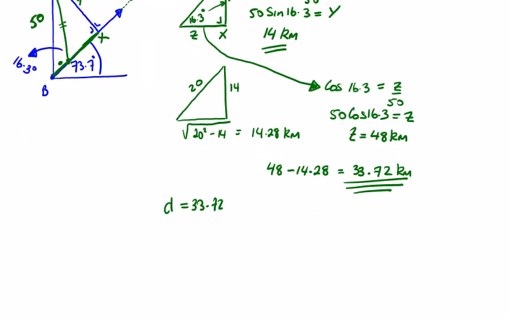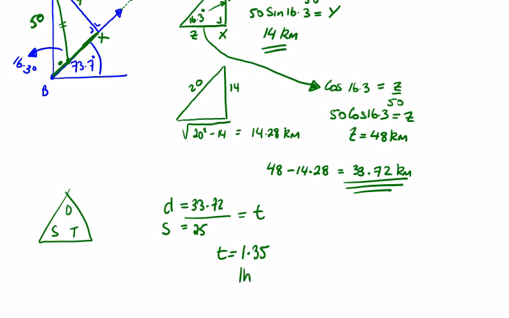So we have our speed, and time is distance over speed. So the time here is going to be 1.35. And if we multiply that 0.35 by 60, we're going to get 1 hour 21 minutes.